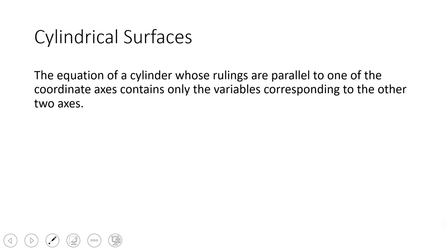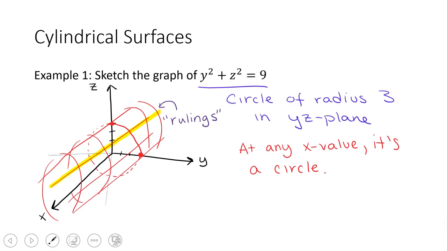Okay, so what this statement on the screen is telling us, if we go back to the original example, is that this equation doesn't have an x in it. It only has a y and a z. And so its rulings are going to be parallel to the missing letter. There's no x, so the rulings are going to be parallel to the x-axis.